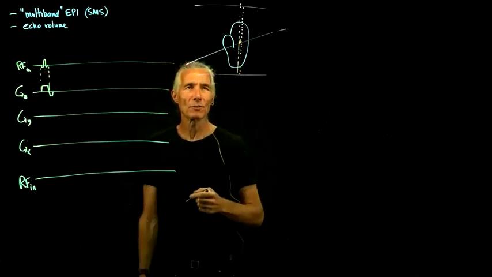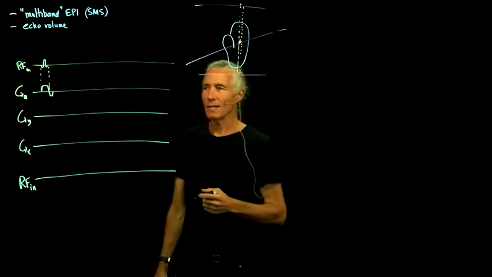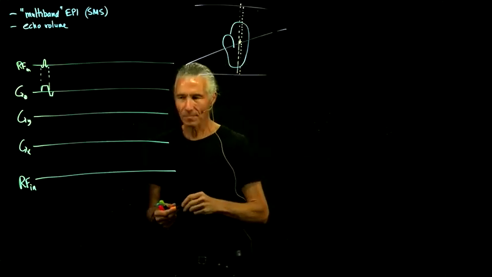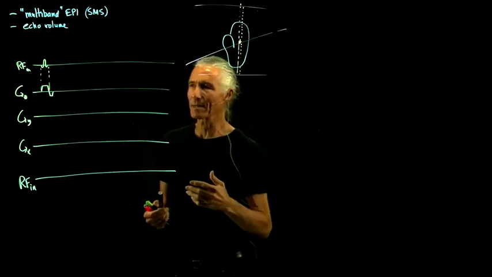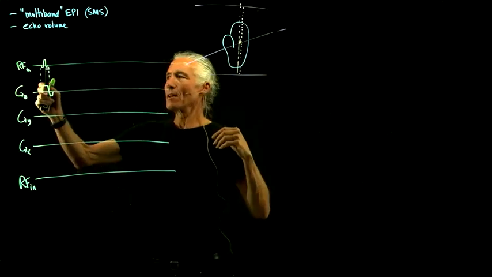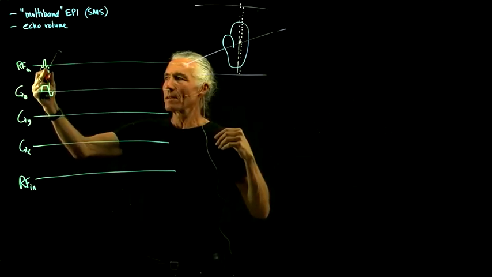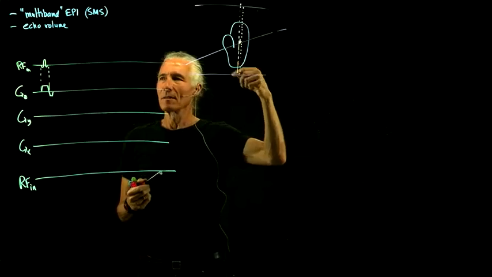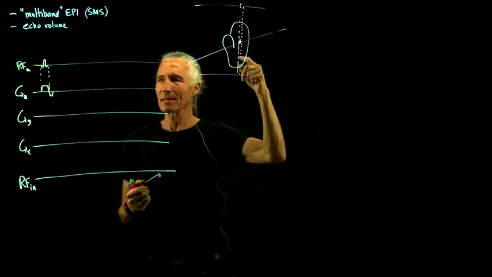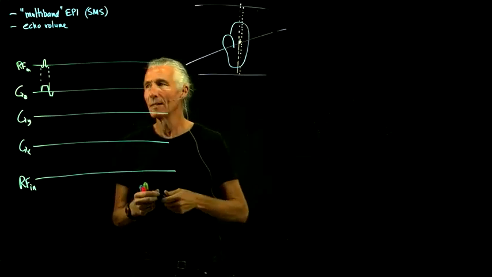And so you'll excite that slice. That's the basic mechanism of how we excite a slice. You put a gradient on, and then you play out a narrow band of frequencies, and that synchronizes the proton precession just in that one slice.